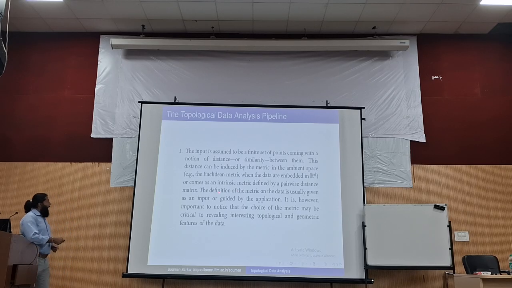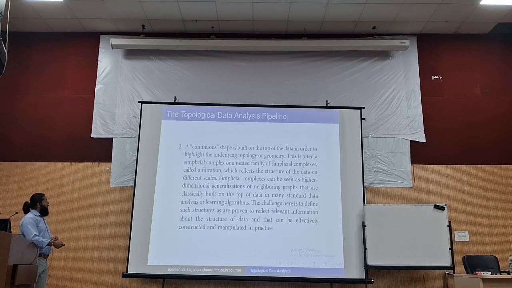Having that metric, we can have some properties which will give the graph structure. Okay. Having that graph, we can have some algorithm to build a filtration. Yes, simplicial complexes, another new terminology which I will introduce.